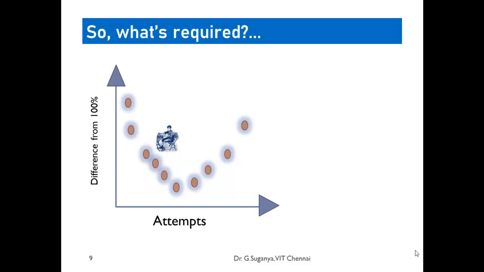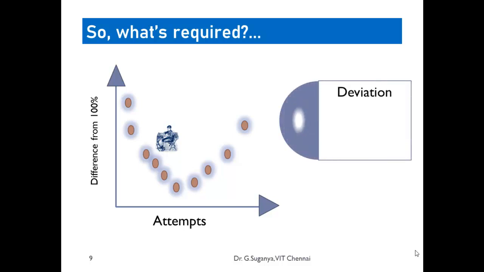What are all the points that we should take care of? We first have to understand what the deviation is. It is nothing but the difference from the actual requirement. The actual requirement is 100. What you have got is only 90. The difference between these two is what we call your deviation, right?